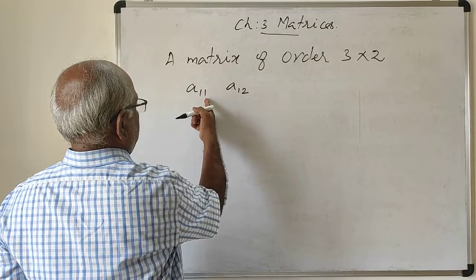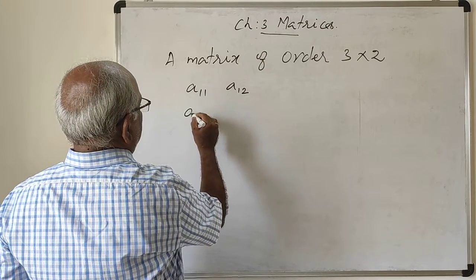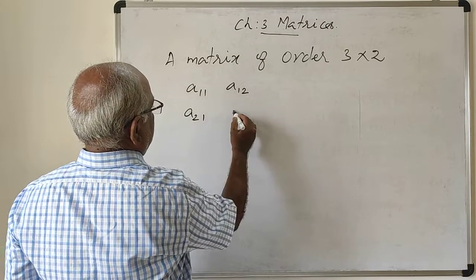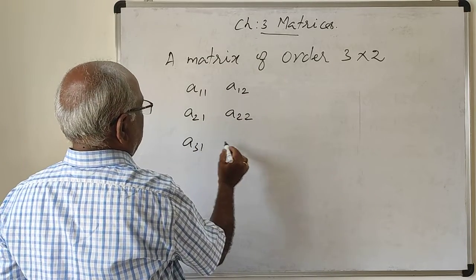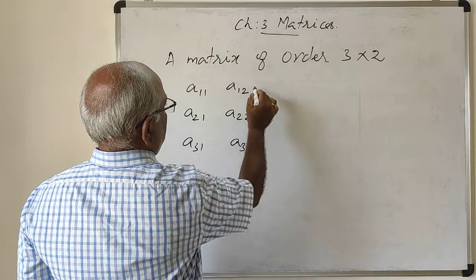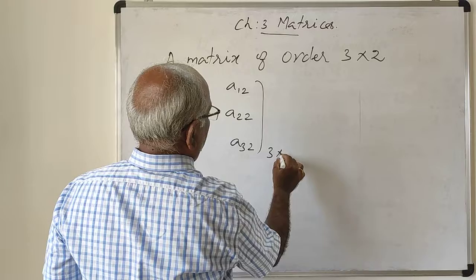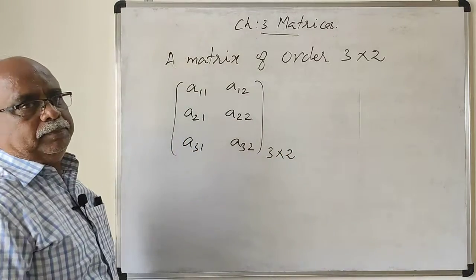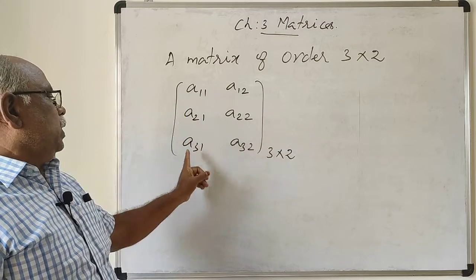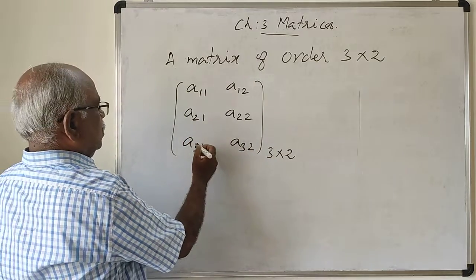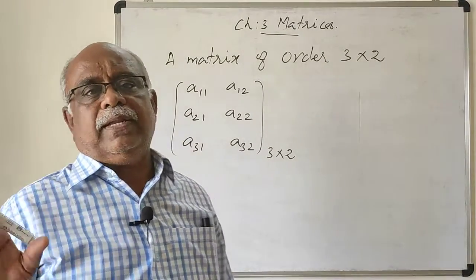First element, first row, first column; first row, second column. The next elements are second row, first column; second row, second column. And A31, A32. This is the method of expressing the elements of a matrix of order 3 by 2: A11, A12, A21, A22, A31, A32.